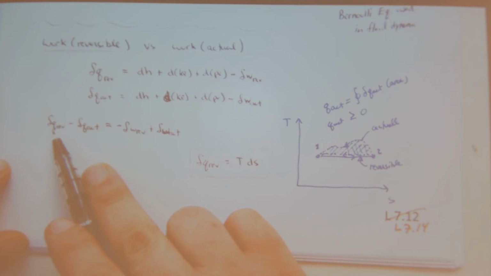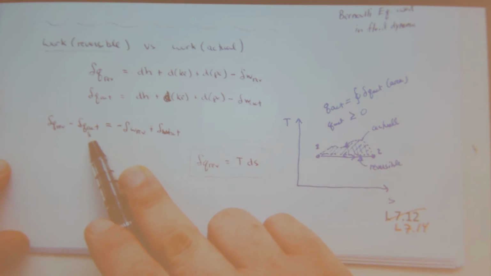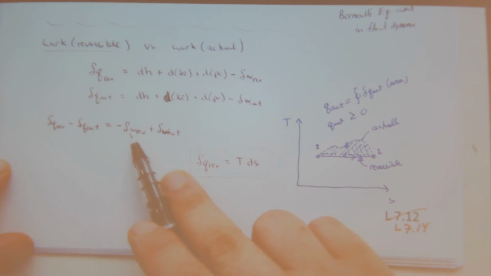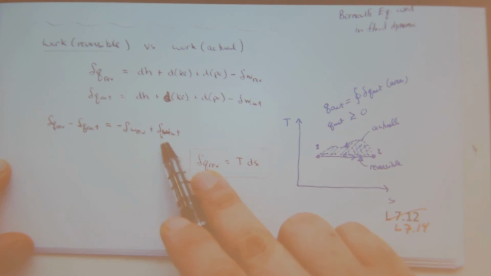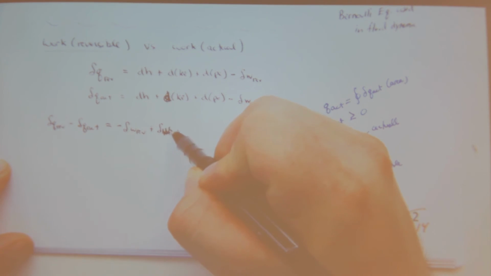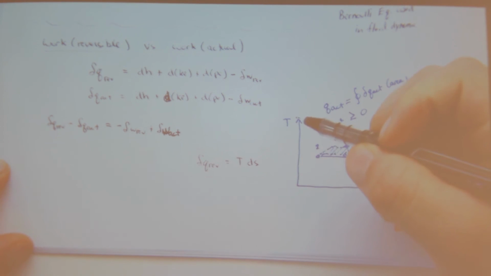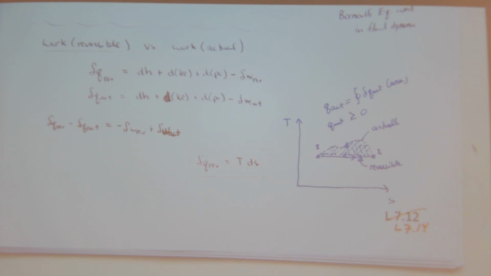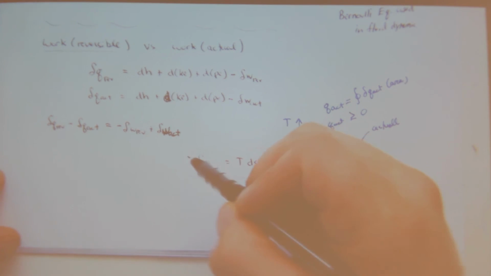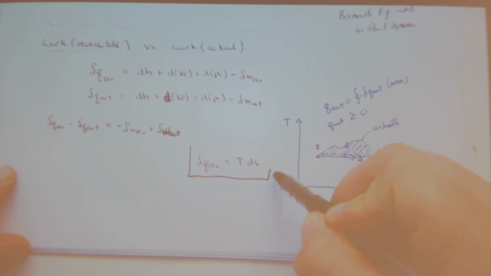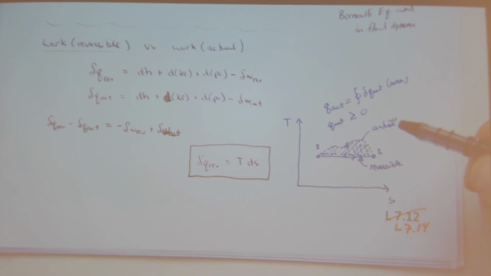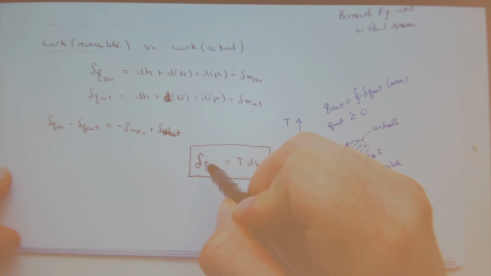So if I subtract my reversible from my actual, I get minus reversible plus work actual. And I know this is true.